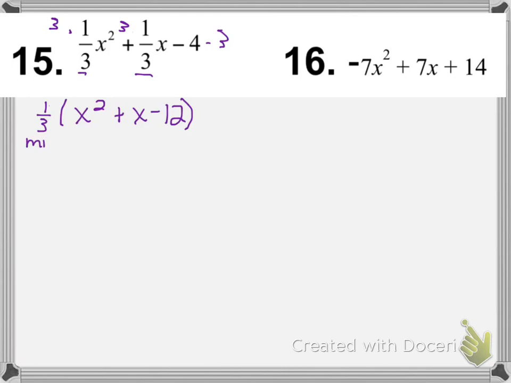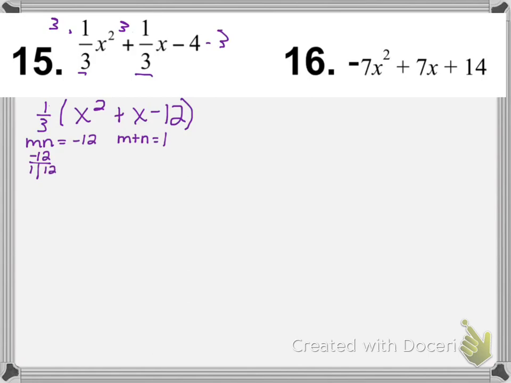So magic numbers multiplied equals -12. Added equals 1. Since my magic numbers multiplied is a negative, then that means that I have to subtract my magic numbers.